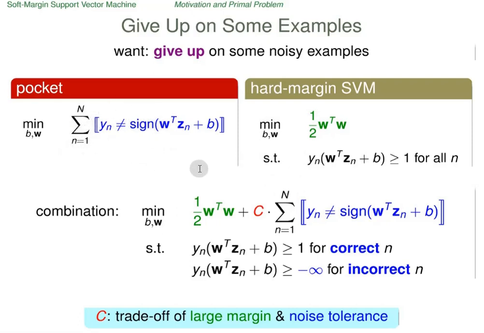This will allow us to maximize the margin while allowing some of the examples to be misclassified. For example, here, to maximize the margin, and we allow some of the examples to be misclassified. Note that minimizing the weight, finding the W and B, will maximize the margin of the hyperplane. This is the first term of our combined objective.